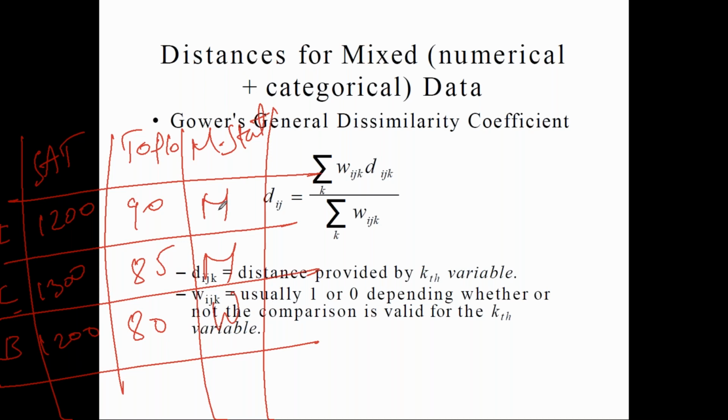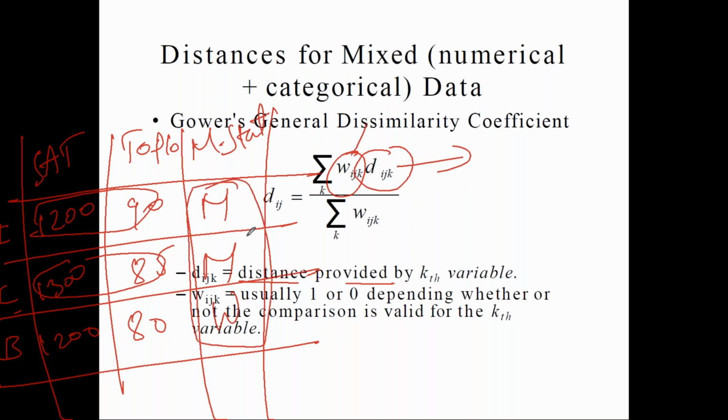So this needs to be replaced with weight of ijk. You should calculate distance provided by the kth variable. This d of ijk is calculated only for your numerical data, and this weight is calculated for your non-numerical data.